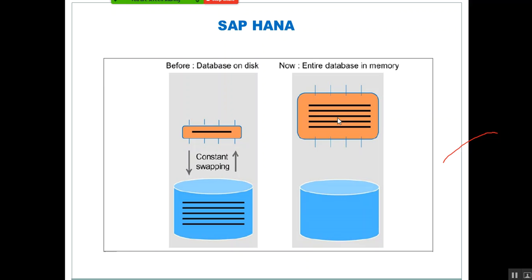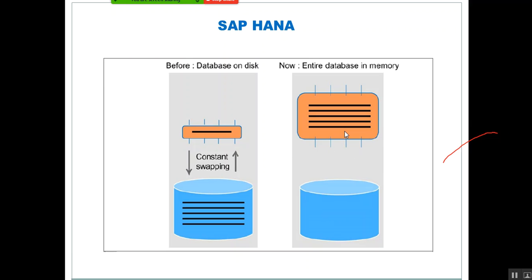If it is cold data, that will be sent to the disk. For example, whenever you are in the fourth year, I don't want the first year's data. Generally, you are extracting current year data and last year data. The data from 2 years back we don't want. We need it, but we don't know when, sometimes, very rarely. So that data will be sent to the disk and the remaining data will be kept here.